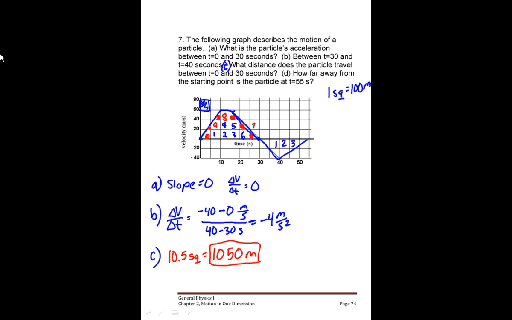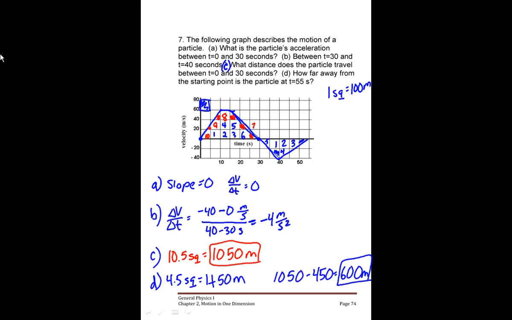We'll call this one 3, but we'll include this little bit. We'll call this one 4, including that little bit, and then this is another 0.5. So on that second part, I got 4.5 squares. If each is 100, that means it's 450 meters. So the total distance traveled is 1050 minus 450, which is 600 meters.